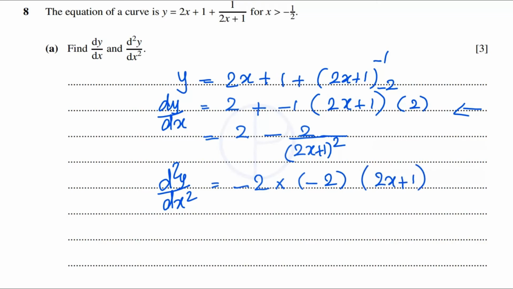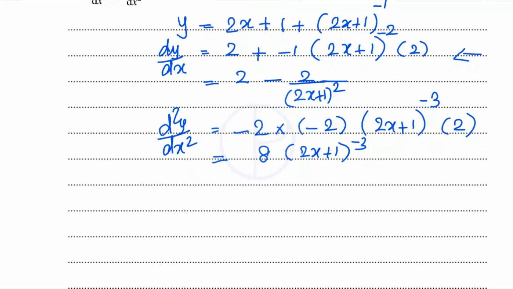The power will become negative 3, multiplied by the coefficient of x which is 2. So negative 2 multiplied by negative 2 multiplied by 2 is positive 8, multiplied by 2x plus 1 the whole power negative 3. Or this can be written as 8 divided by 2x plus 1 the whole power 3.